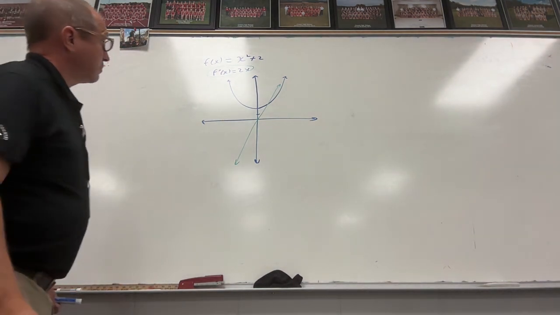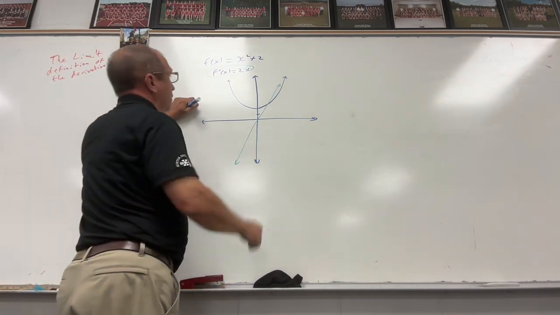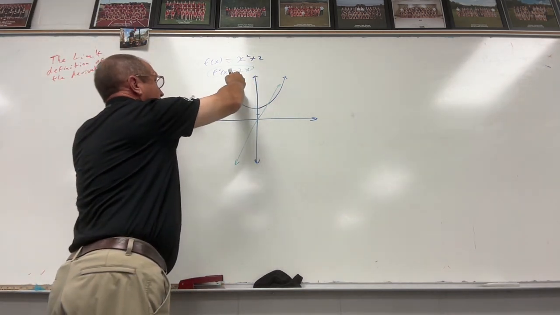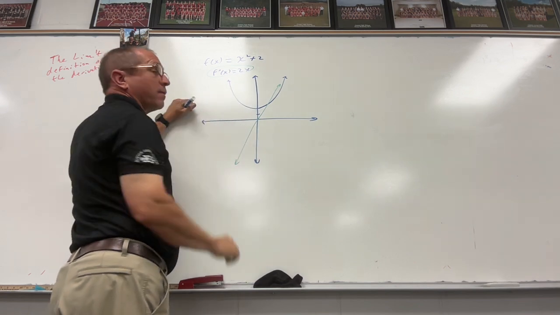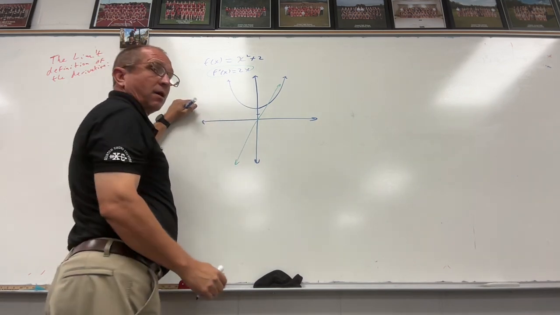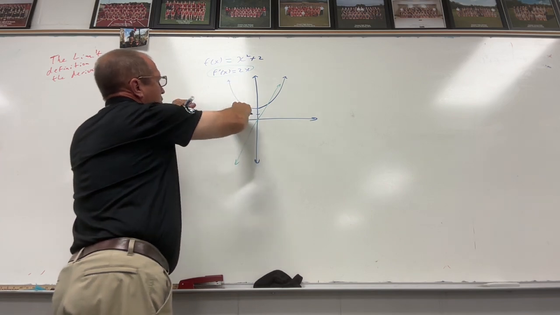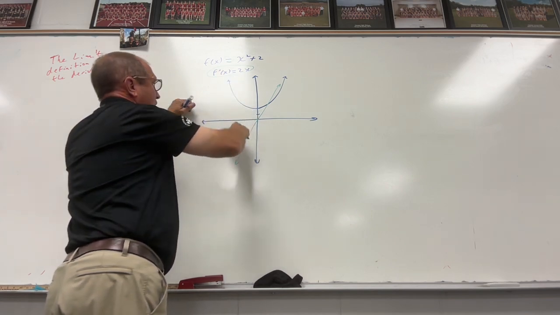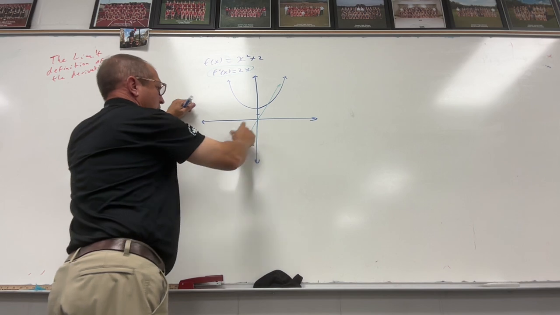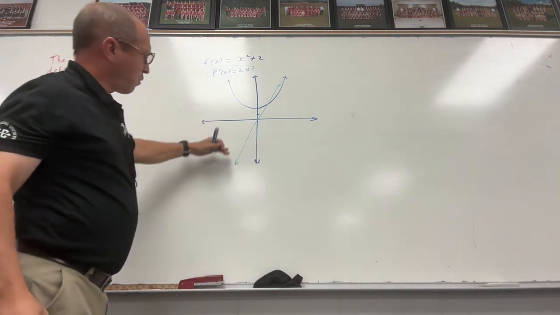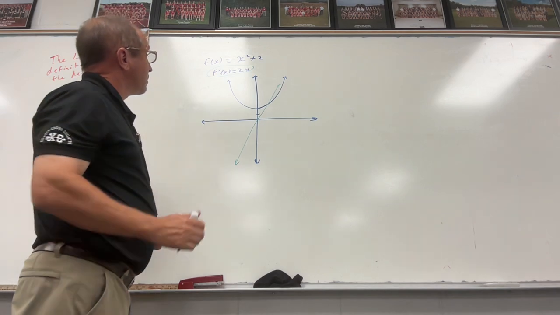So if you think about it, what's happening with this graph right here in the second quadrant? It's decreasing, right? Well, if it's decreasing, then the derivative values should correspond to negative numbers. So we're getting negative numbers right here for our slopes because every y value down here is negative.